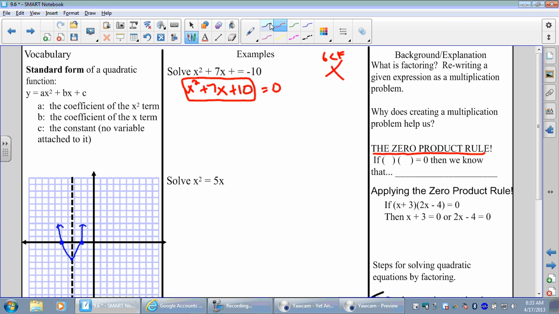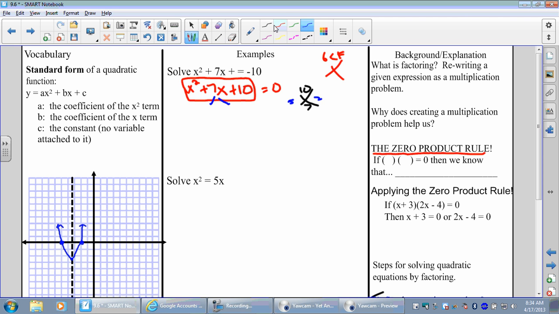So, if we're setting up the x factor to this one, what goes here? Remember, it was a times c. So a times c, so that's 10. It adds up to 7. What are the numbers that multiply to 10 that add up to 7? They were 5 and 2. Remember, we used those to break this into 2 terms.